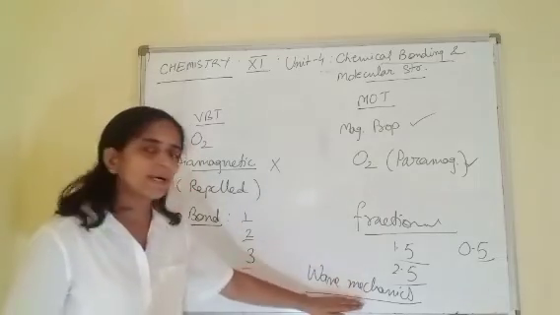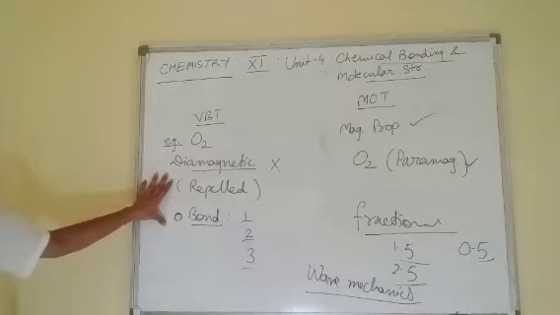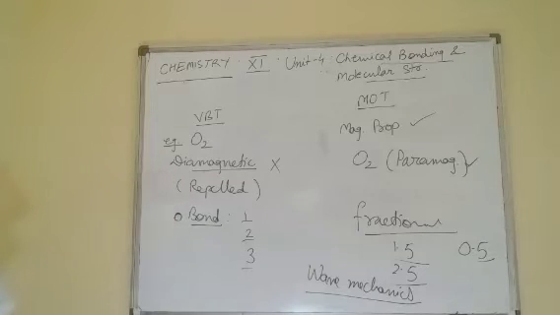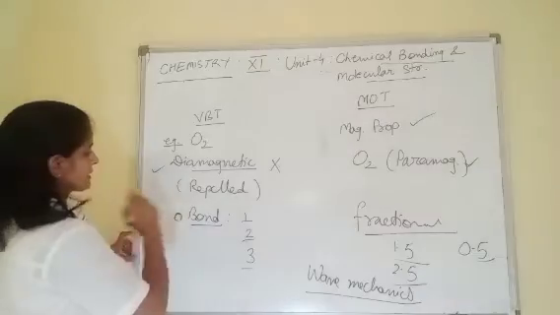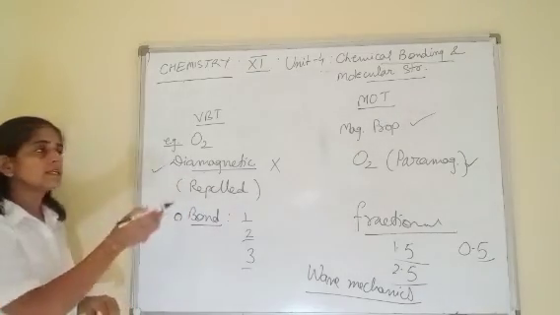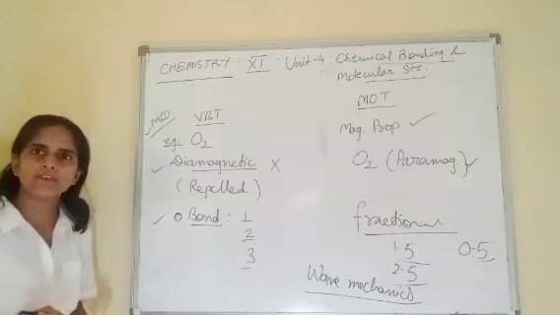So this wave mechanics concept is completely missing in VBT. It never talks about wave mechanics. I think this is clear, children. This was one point of difference, this was another point of difference, and before this we talked about molecular orbitals, which was also missing in VBT.